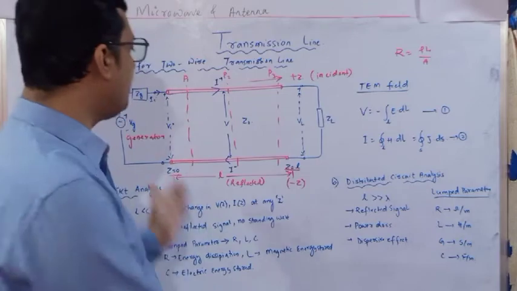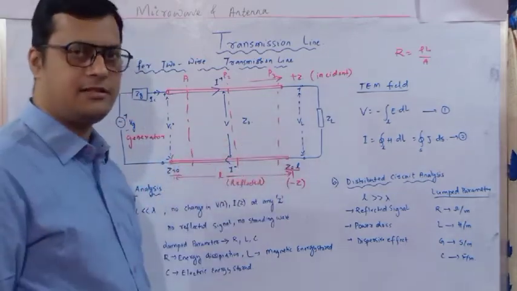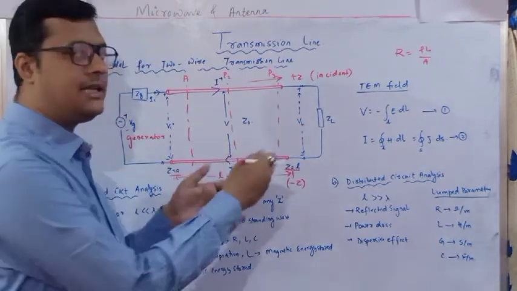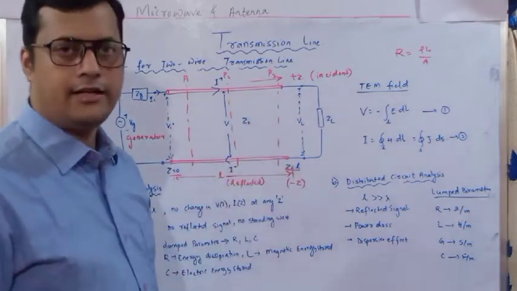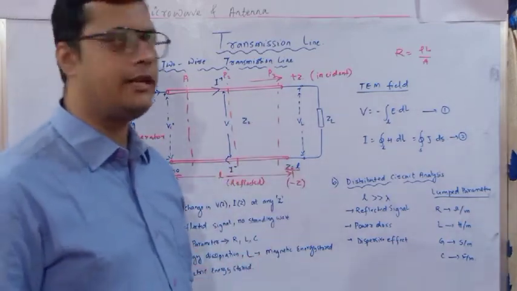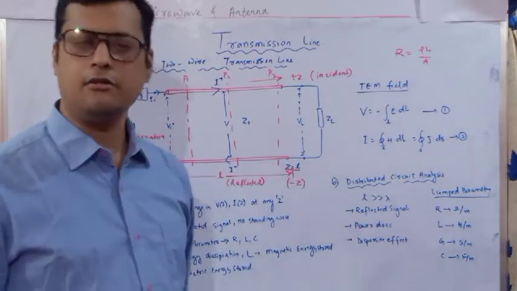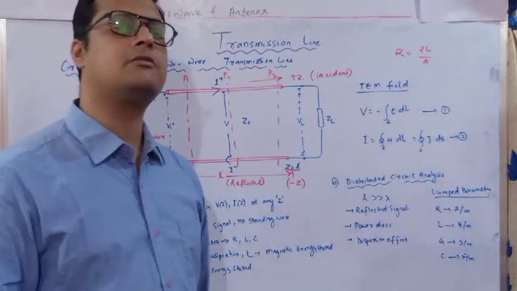So that means if you change the position in a transmission line and measure the output, and you increase the length, the resistive value is going to increase. If the resistive value increases, your potential drop is going to increase.